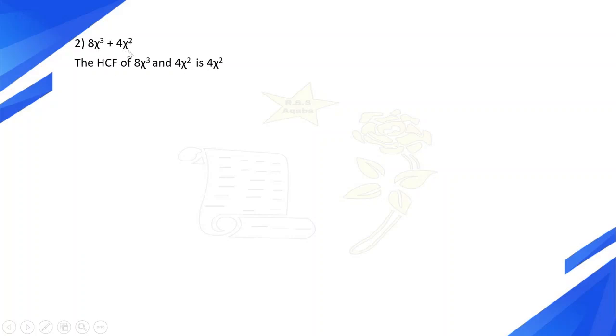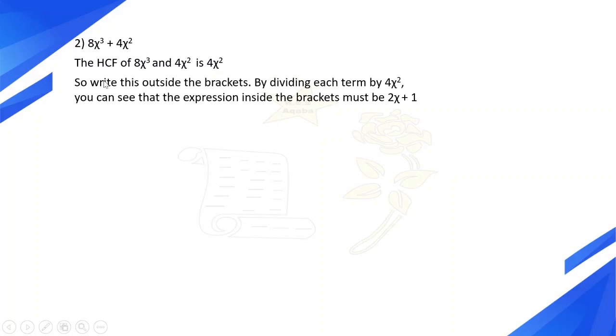And according to variables, you have to choose the variable with the lowest power, which is x squared. So we have to write this outside the brackets by dividing each term by 4x squared. You can see that the expression inside the brackets must be 2x plus 1.